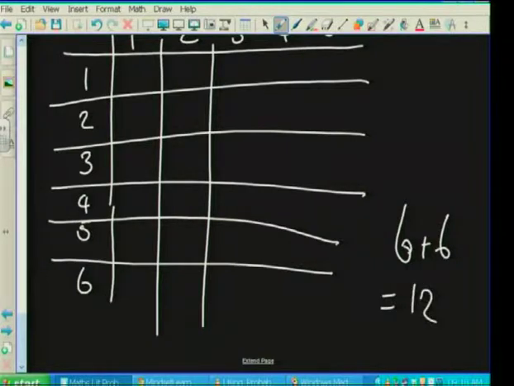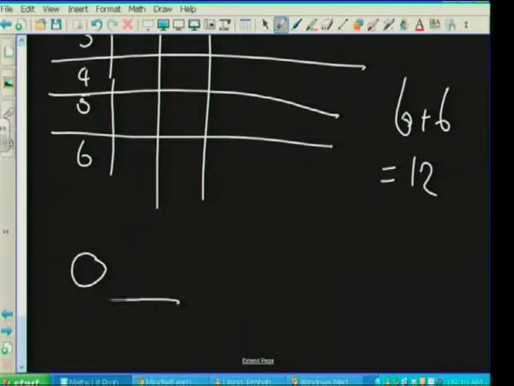So the chances of getting a score above 12 are absolutely 0. And we need to expose learners to the idea that some things are impossible. To get a score of 13 for 2 dice is impossible. And they need to understand that the probability therefore is 0.